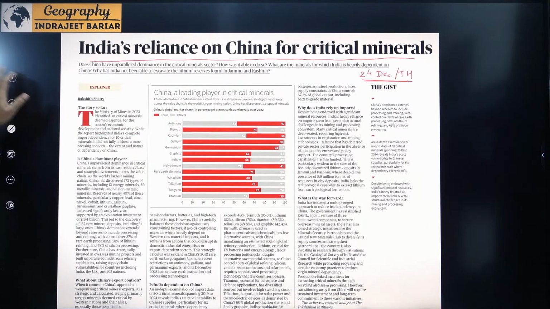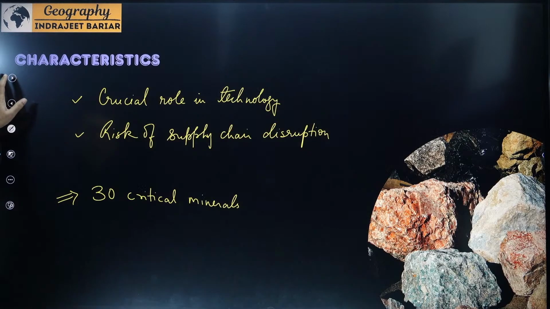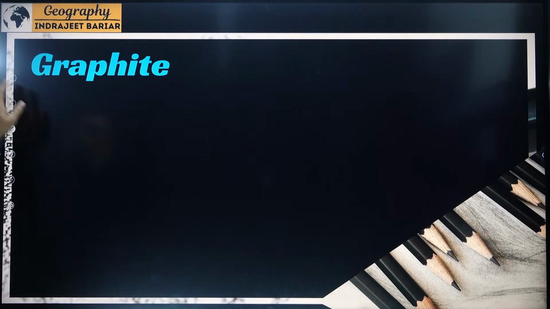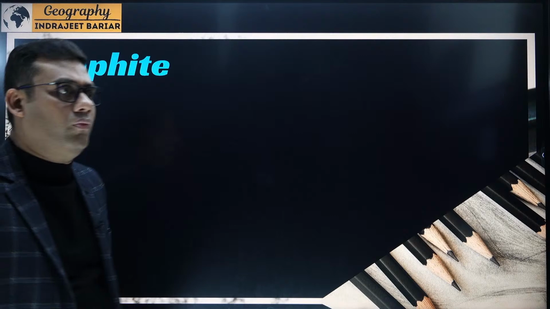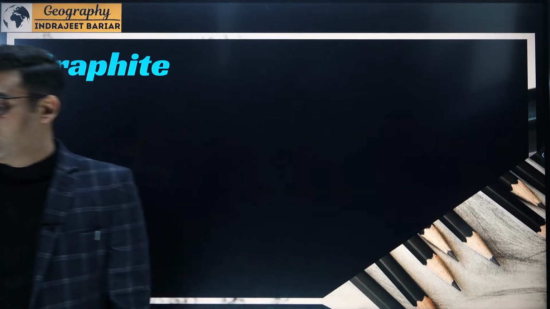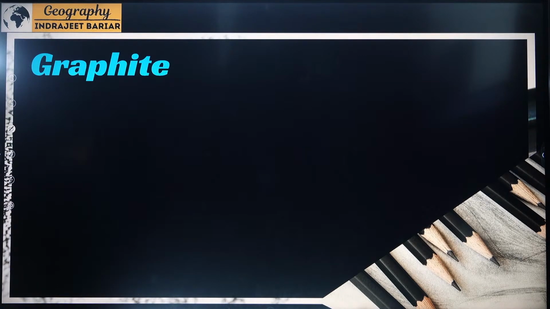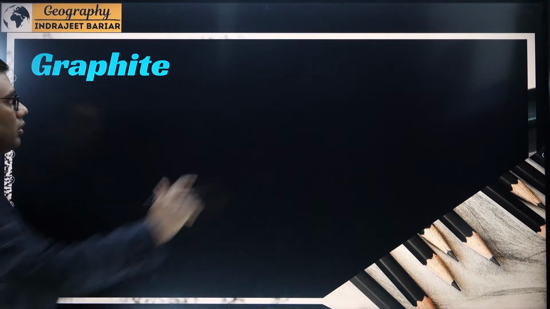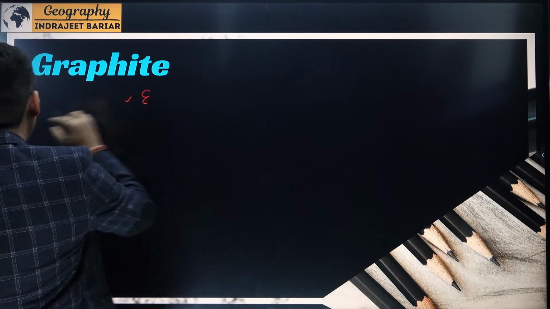Secondly, apart from that, there is another aspect of the discussion that we are going to undertake. But first, of the few minerals dealt with in the article, the first one we are talking about is graphite. In the case of graphite, it is used in the manufacture of electrodes.